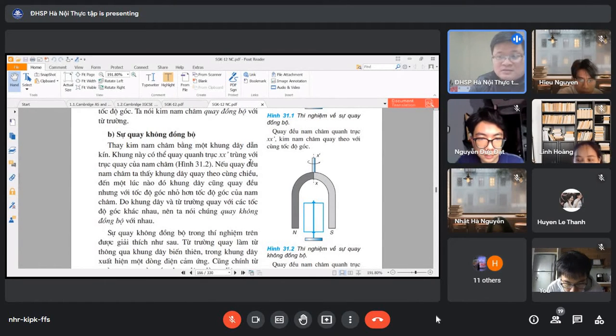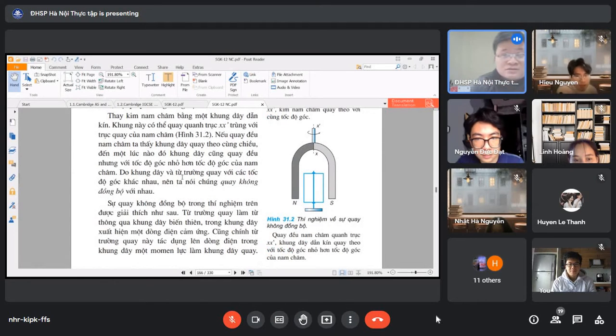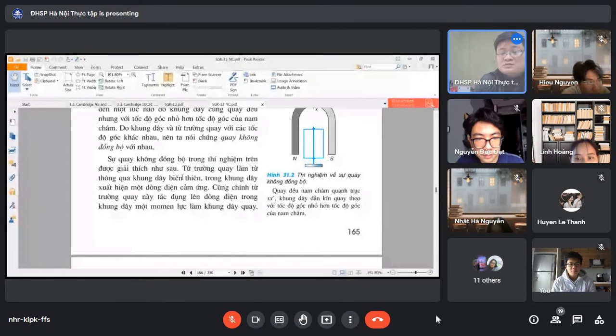And the second is why the speed of the coil is always smaller than the speed of the U-shaped bar magnet. Those things are not written clearly in the textbook, and that is the place for you as a teacher to think well in advance.